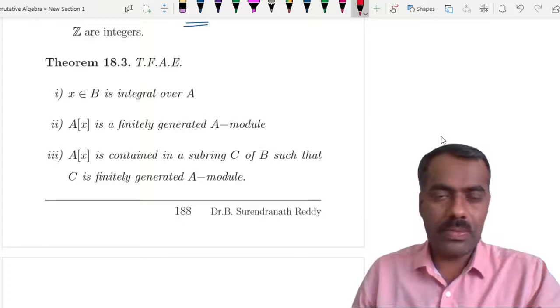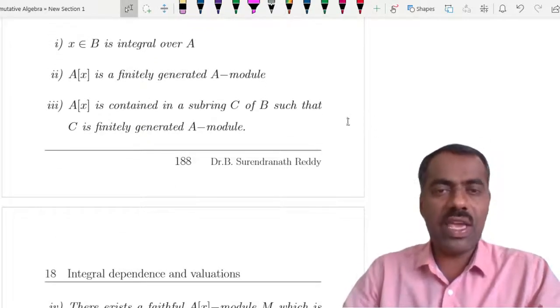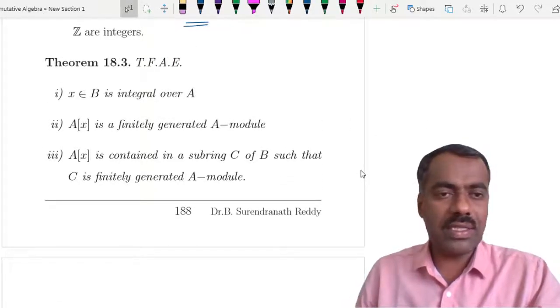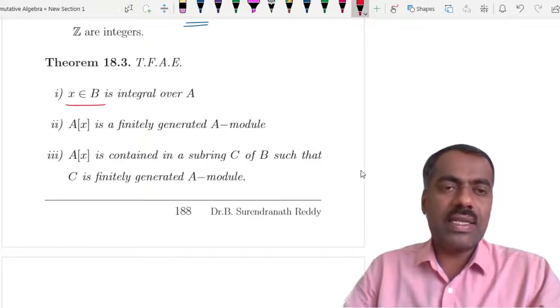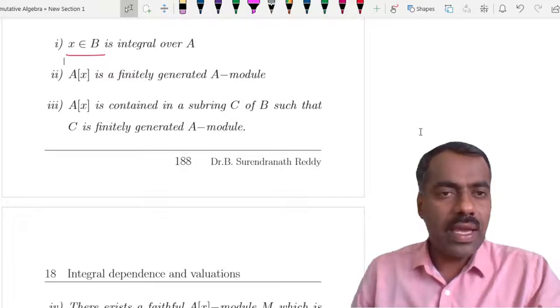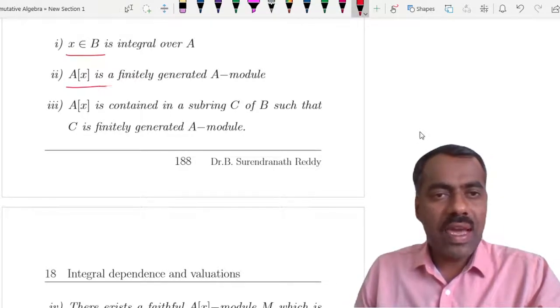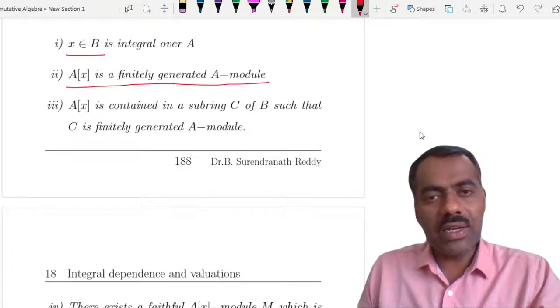Okay, now we'll discuss some characterization of integral elements. The following statements are equivalent. There are 4 statements. The first one is x is integral over A. It is the same as saying that A[x] is a finitely generated A-module.